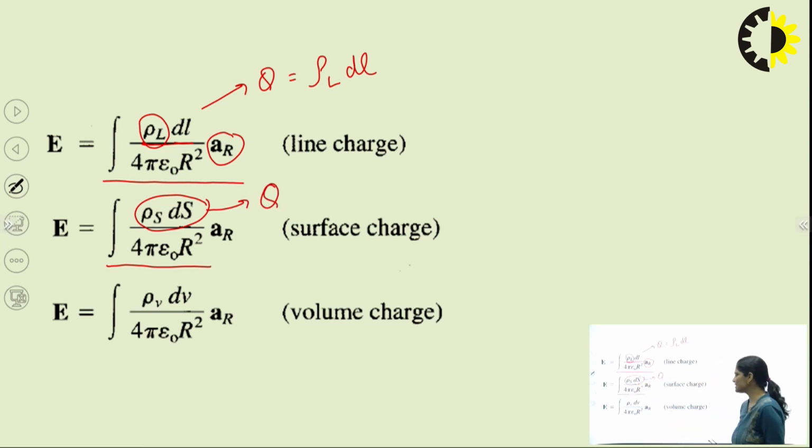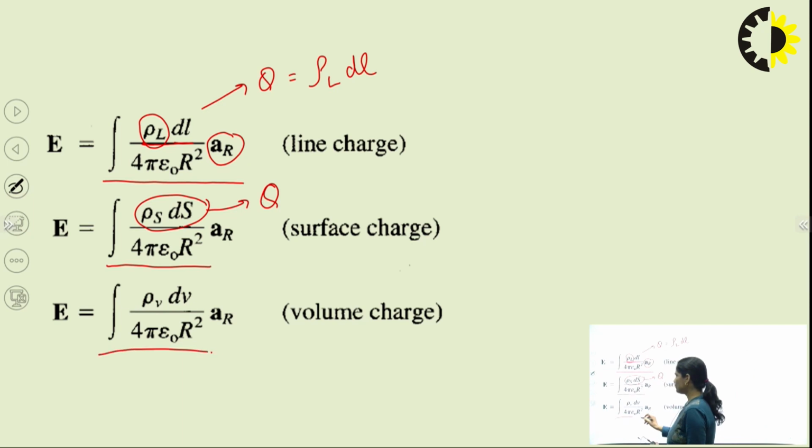Now, the third case is volume charge. Electric field intensity in case of volume charge is the integration of rho V dV upon 4 pi epsilon naught r square unit vector of r. So these are the three cases for finding electric field intensity for line charge, surface charge and volume charge.